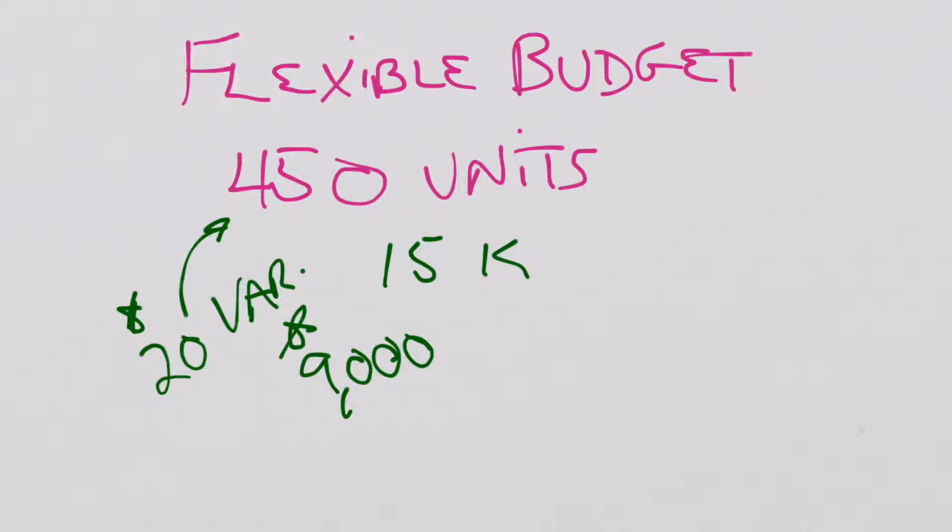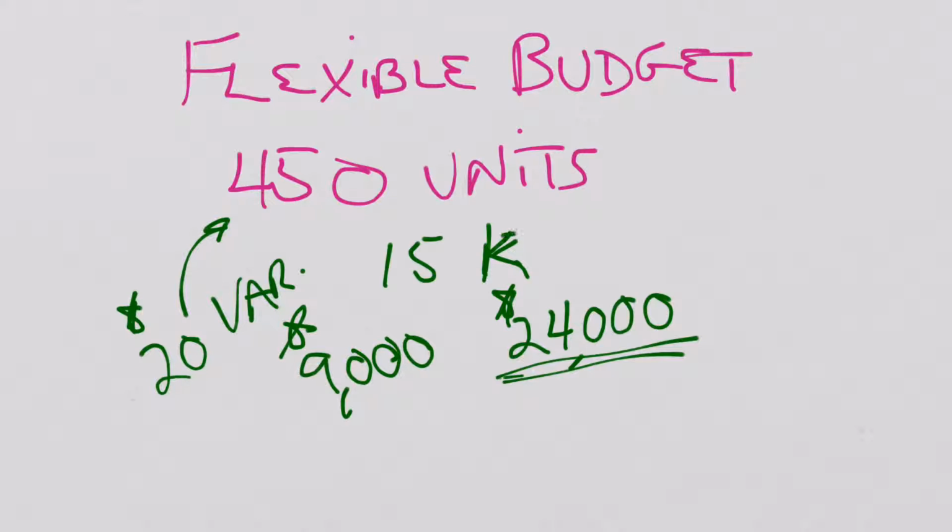So the total overhead, instead of being 25K as we saw on the slide before this, would have been 24K. That's why it's called a flexible budget, because we're flexing the budget to the actual units. And so if we had applied overhead at the flexible budget amount, we'd apply enough overhead to cover what we budgeted the overhead to really be, the 24,000.